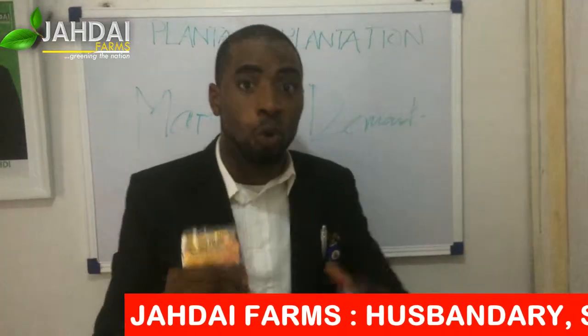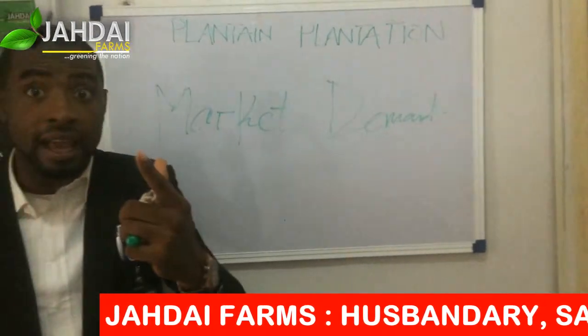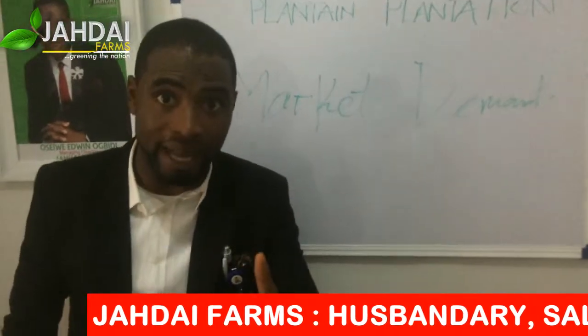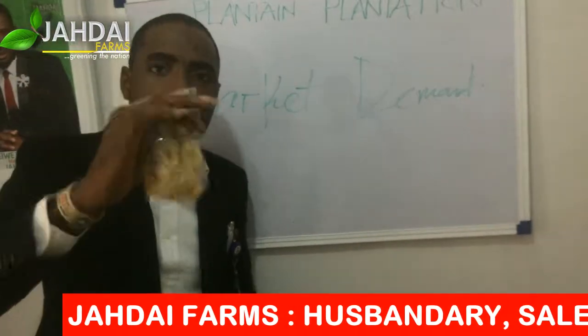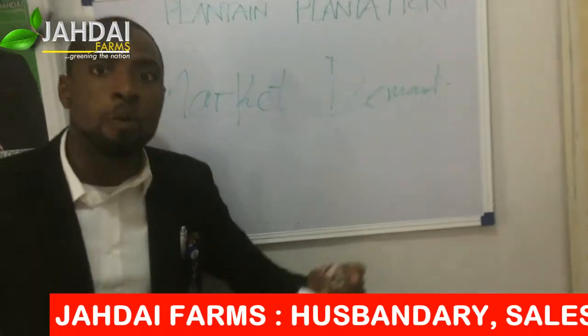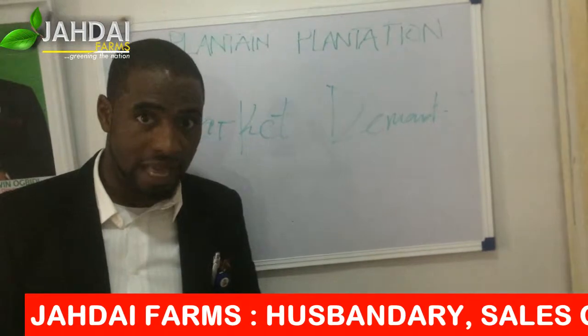Remember I said that our market price is actually 600 per one. If we convert this and do processing into chips, we are going to get two times our return per bunch. Are you getting me now?